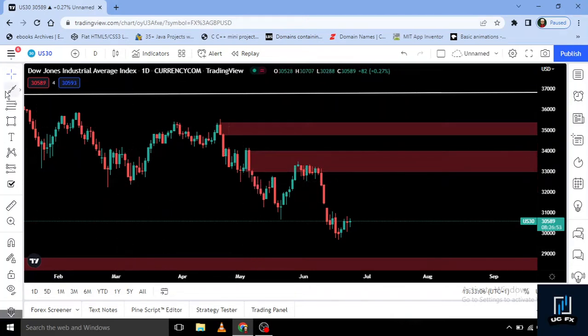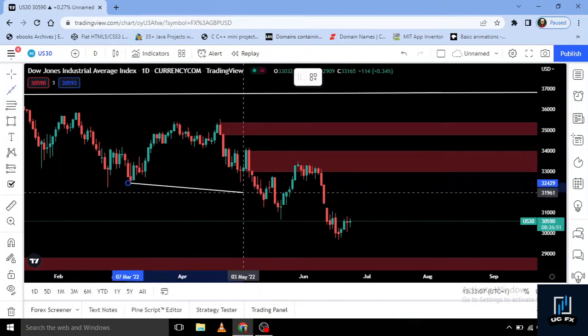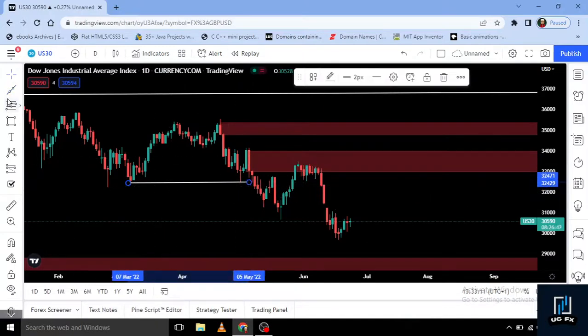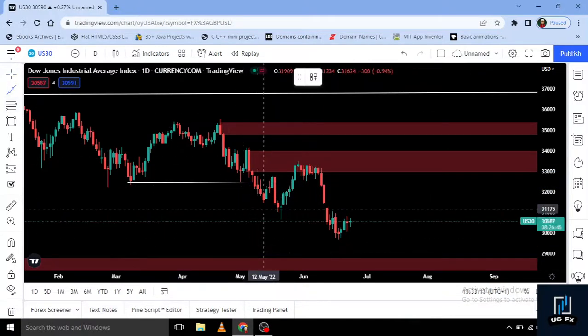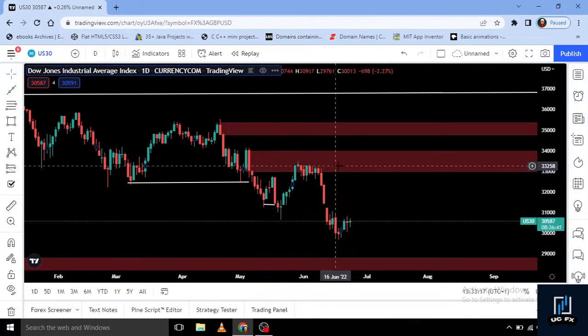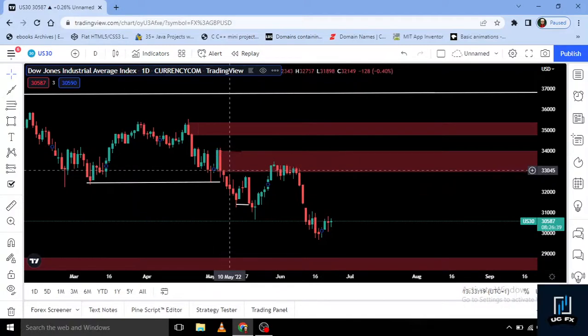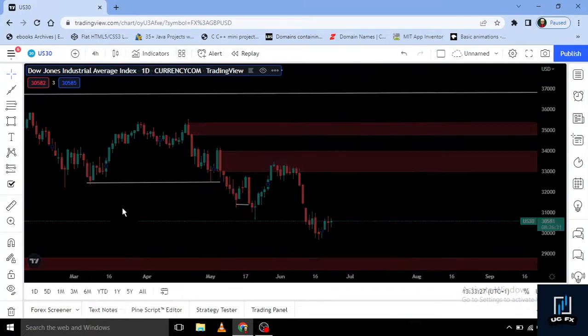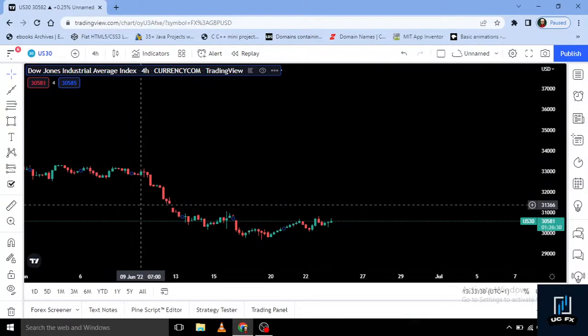We have a break of structure here, and another break of structure here. That's enough to anticipate that the market might reverse from this area, because if you go down to the 4 hour time frame, you will see that we have liquidity sitting right inside that area.